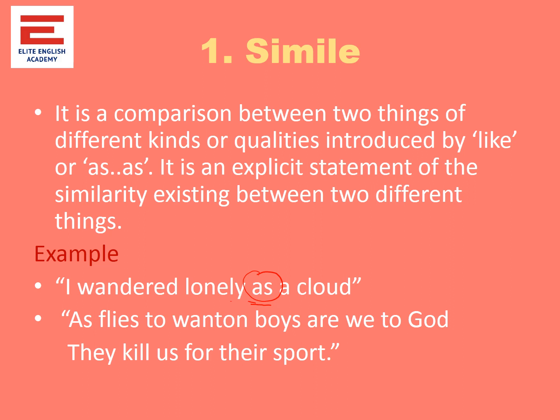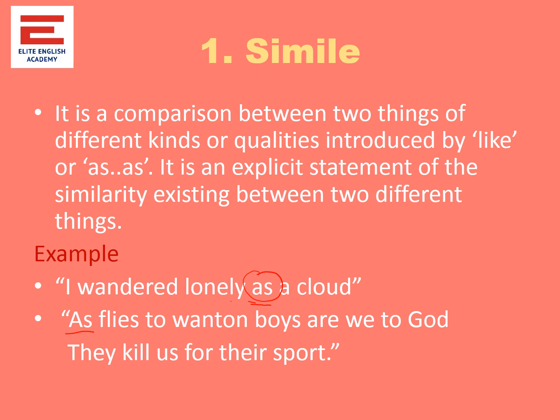Look at the second one. It is the line taken from King Lear by Shakespeare. As flies to wanton boys, are we to God, they kill us for their sport. So here flies, the small insects, are compared to human beings. Another important strategy is you should not look for the word as only in the middle of a sentence.